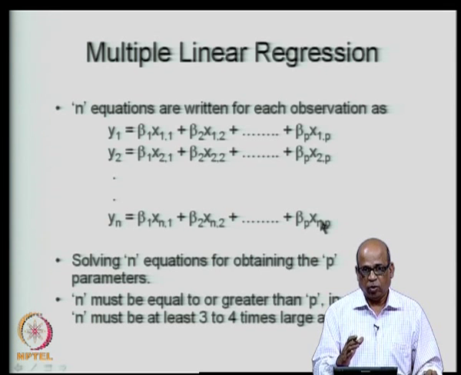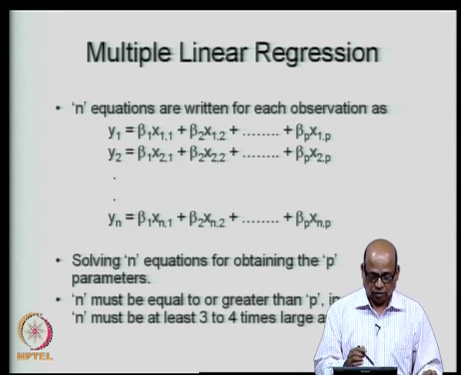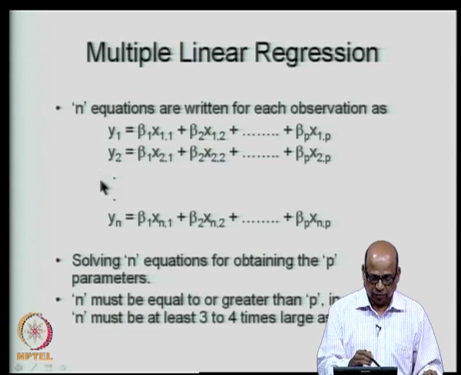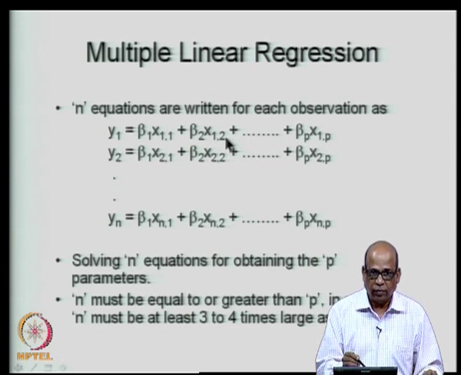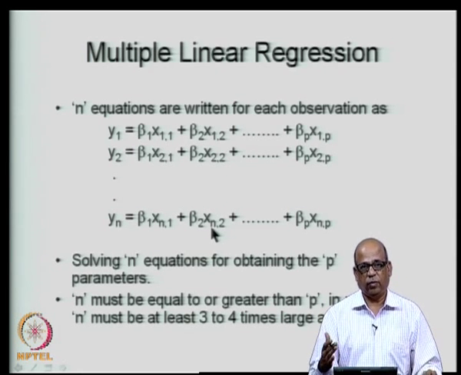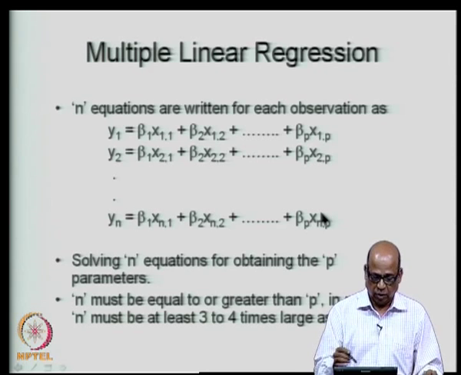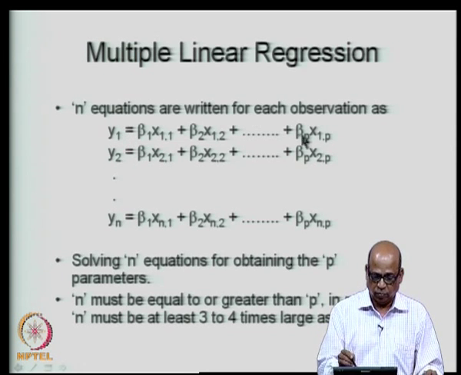Let us say you are looking at 50 years of observed runoff data, which means you had 600 values for monthly runoff, and x 11 is the first value of the first variable, which is rainfall, second value of the rainfall, and 600th value of the rainfall, and this is the first value of, let us say, temperature, second value of temperature and so on. Like this you get these values for different variables, and therefore, you write n equations of this form.